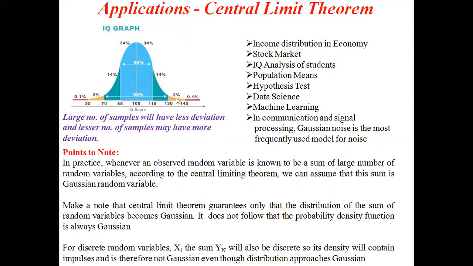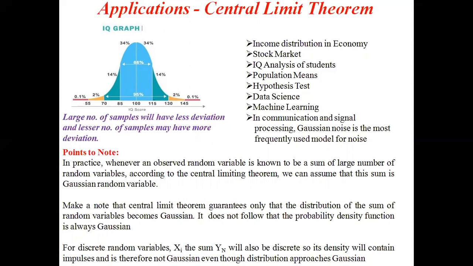When we plotted the Gaussian distribution curve, it shows how many students have good IQ, and as the graph deviates from the mean value, we see how many students are within the limits and how many students' IQ levels are more deviated. The same analysis we can do for all the applications listed here.